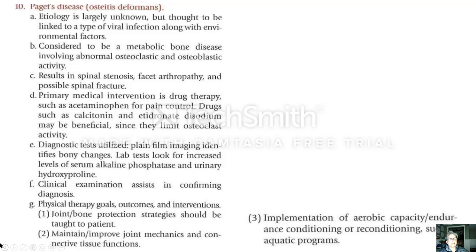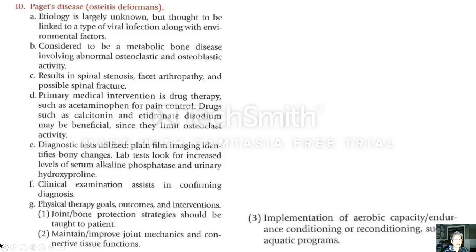Results in spinal stenosis, facet arthropathy, and possible spinal fracture. Primary medical intervention is drug therapy, such as acetaminophen for pain control. Drugs such as calcitonin and etidronate disodium may be beneficial since they limit osteoclast activity.